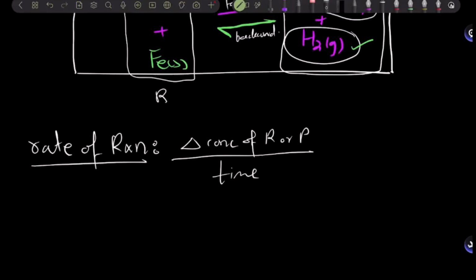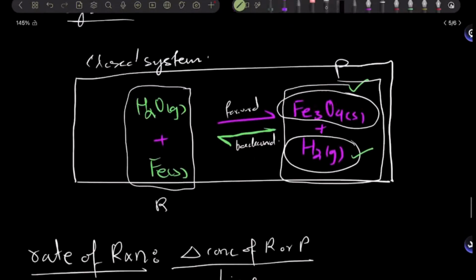Right? So now, what is equilibrium? Initially you had reactants, they started converting into products, and the product started to accumulate in this closed system. Now, after every second, a lot of product is being formed, and it is easy for the product to go back and form some reactants. So after every second, it starts forming a little bit of reactants as well.